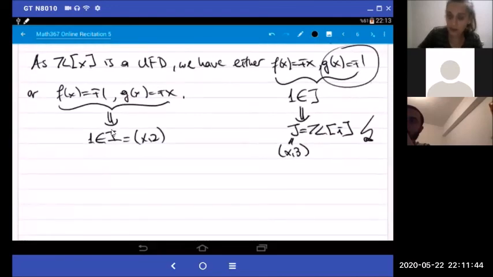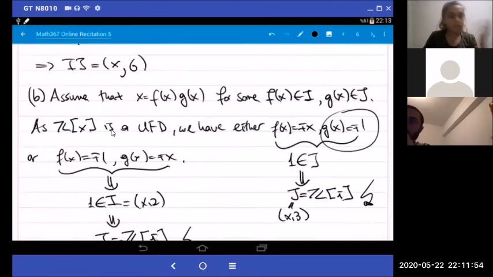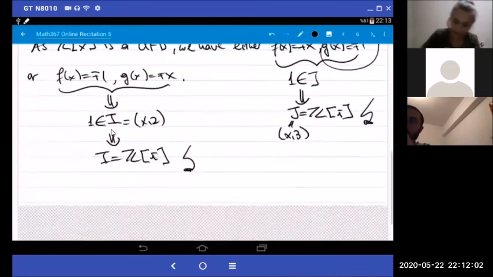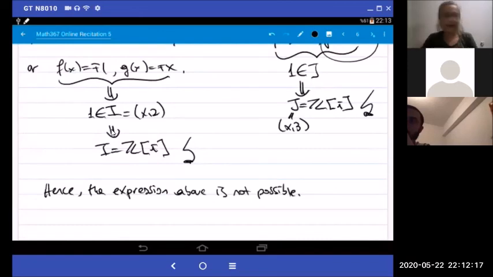And since 1 is contained in I, this means that I has to be the whole ring, but this is not the case. Okay? So this means that x cannot be written as a product of an element from I and an element from J. Hence, the expression above is not possible. Okay, we cannot write x as such a product.